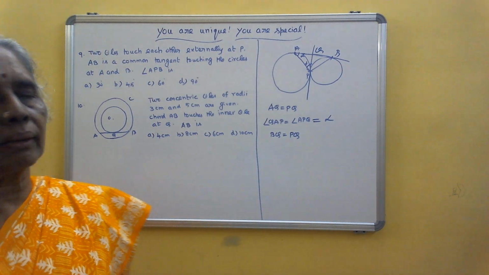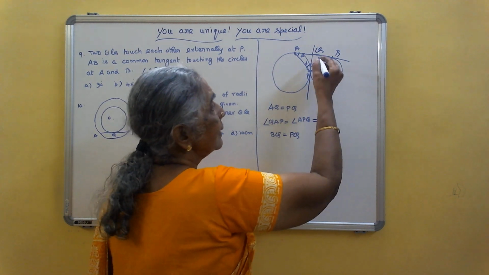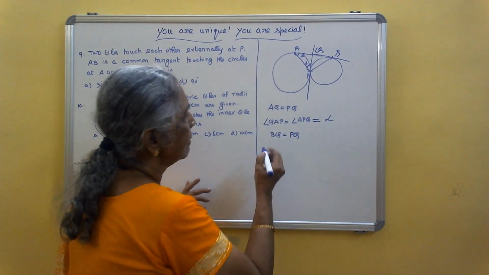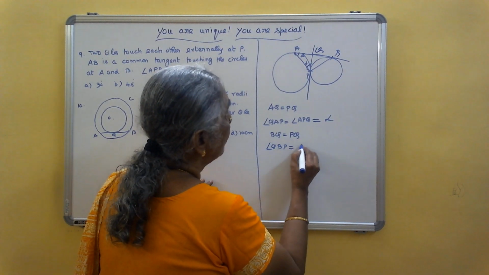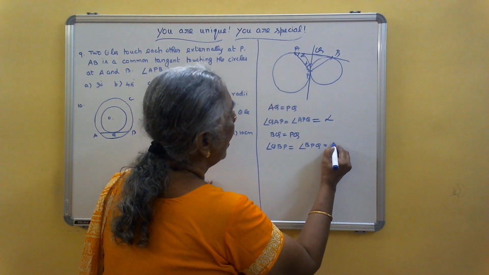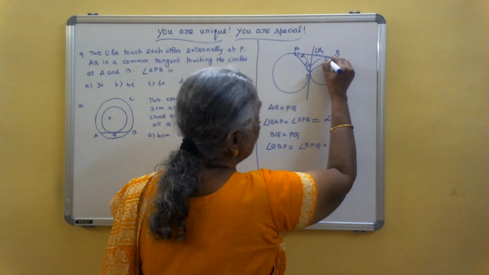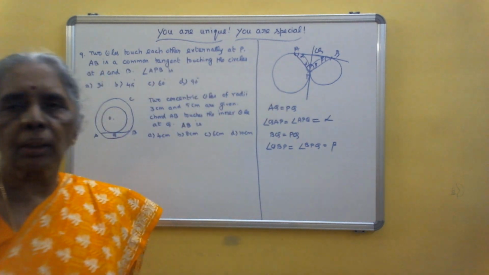Here also in the triangle QPB, since these two sides are equal, the two angles, that is angle QBP, will be equal to angle BPQ. I will call them beta. So this angle is beta and this angle is beta. Clear?